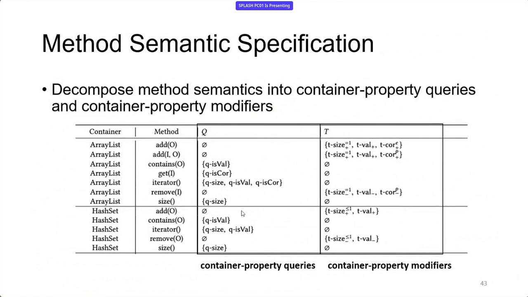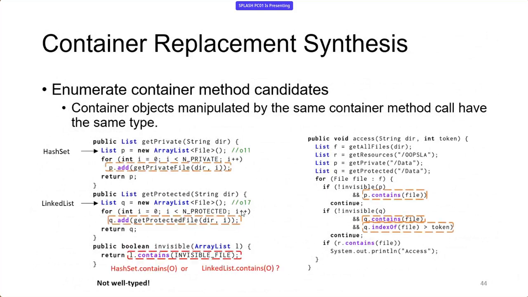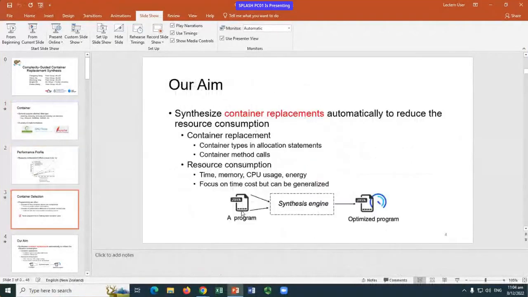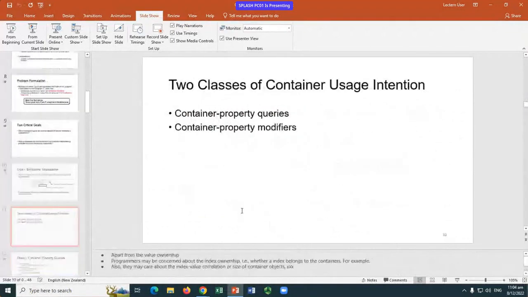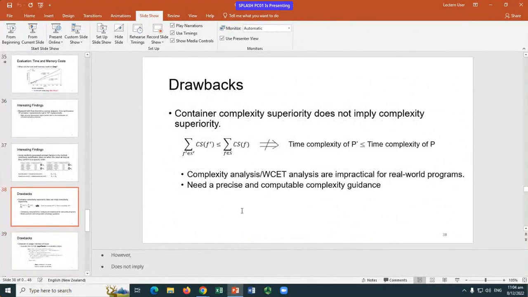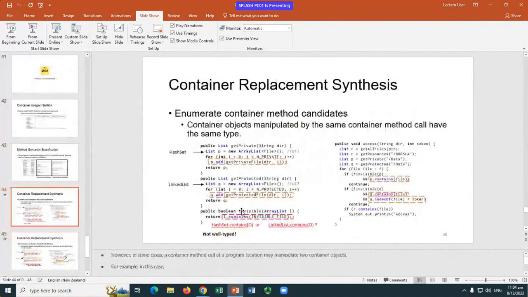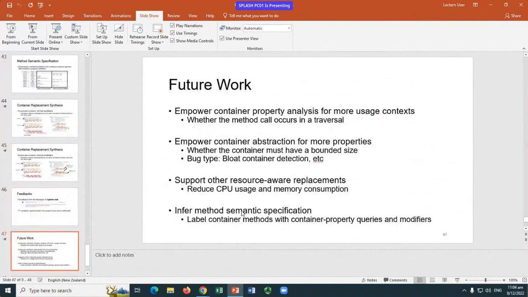Thank you for your question. This is also a very interesting question. Because of the time limit, I didn't show this in the main content. We just provide a general framework where, for example, we can label the semantics of each container method, but we can extend the properties we are concerned about, for example, thread safety.